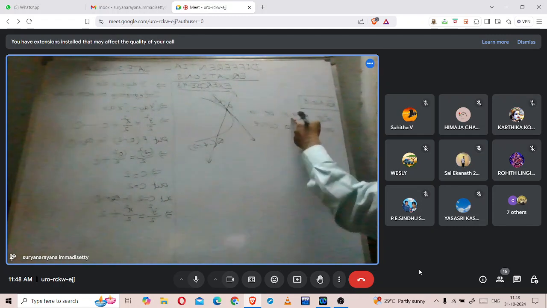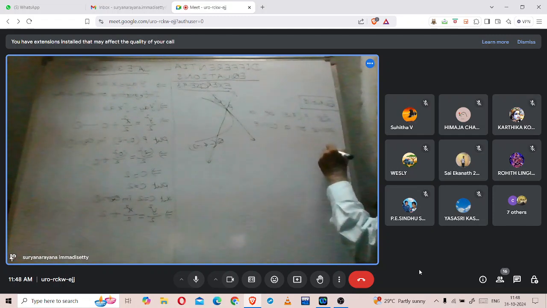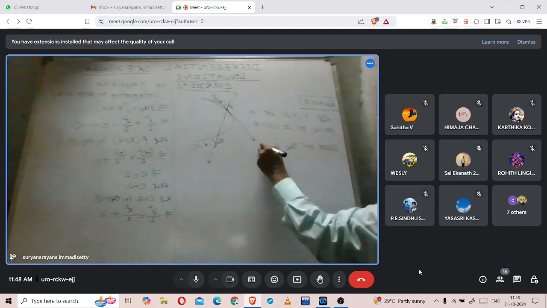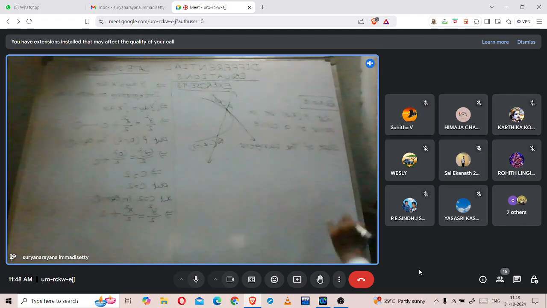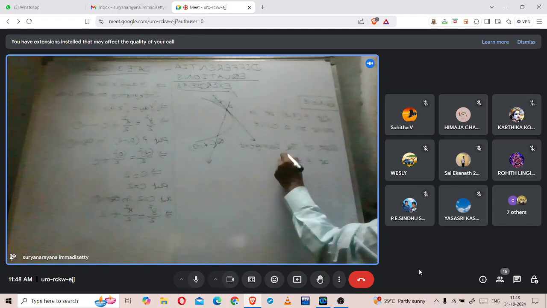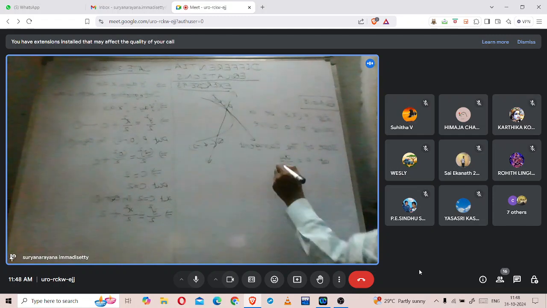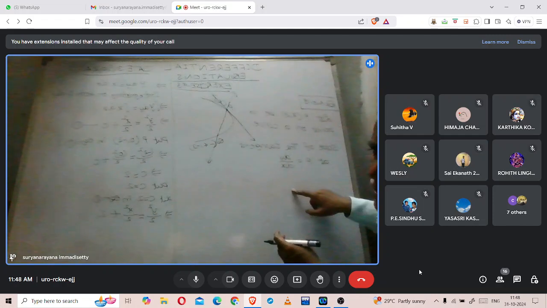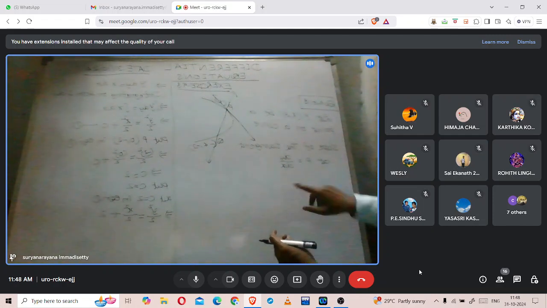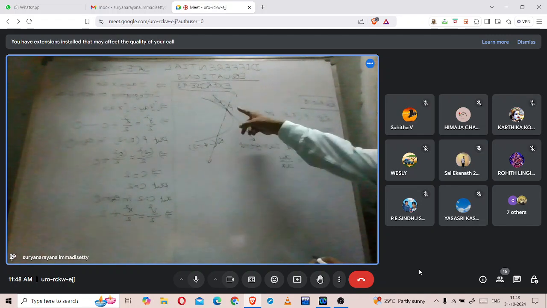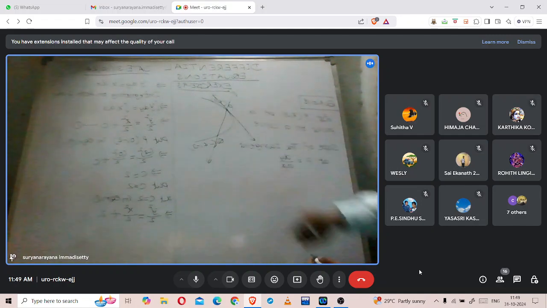Now let us write slope of tangent at P. Slope of the tangent at P is nothing but dy by dx only. At this point P we have drawn a tangent, so slope of this tangent is nothing but dy by dx. In terms of dy by dx, we say that dy by dx is the slope of the tangent. Now we are drawing a line joining these 2 points.